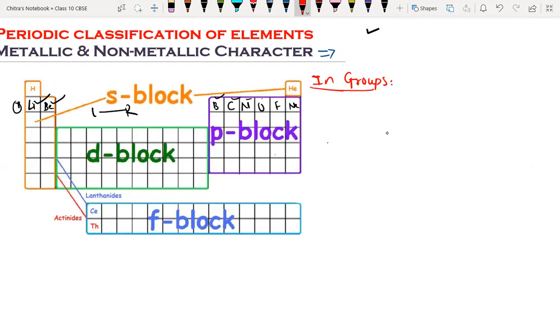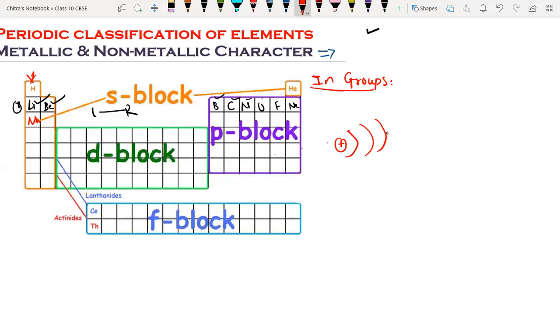So what happens generally? I'm discussing the first group. The first atom is hydrogen. After hydrogen we have lithium: hydrogen has one shell and lithium has two shells. Then we have sodium, which has another shell like this.